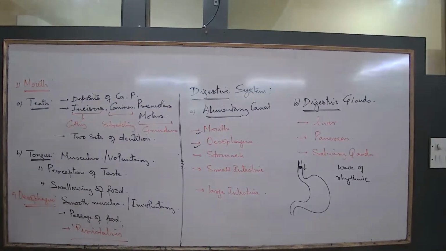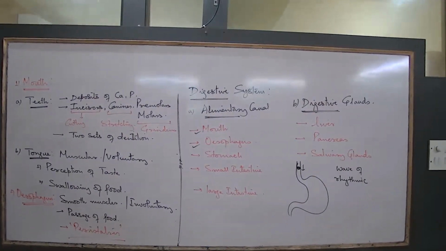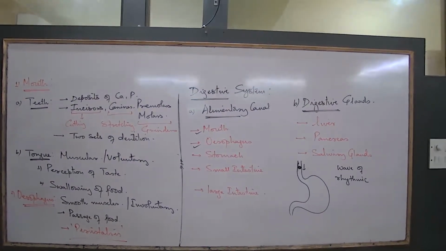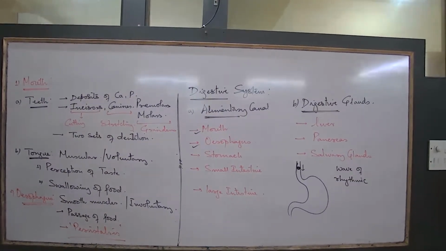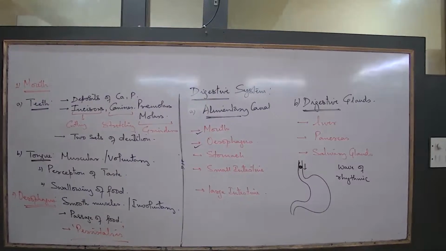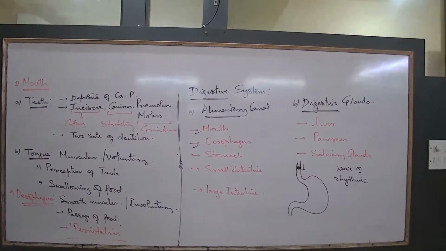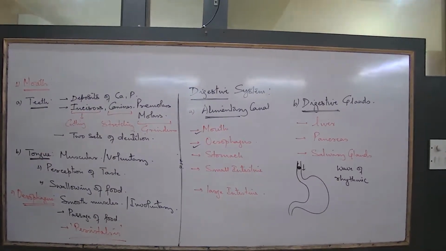The contraction and relaxation of the walls of the alimentary canal is known as peristalsis. Peristalsis is a wave of rhythmic contraction and relaxation of the walls, walls, of the alimentary canal.